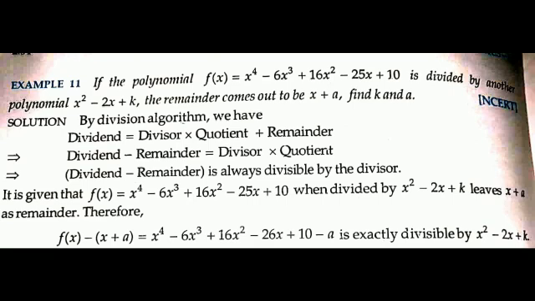That is, if we take the difference of dividend and remainder, then whatever we get is always divisible by the divisor. Using the same concept, here it is given that polynomial f(x) is equal to x to the power 4 minus 6x cube plus 16x square minus 25x plus 10. When it is divided by x square minus 2x plus k, it leaves x plus a as a remainder.